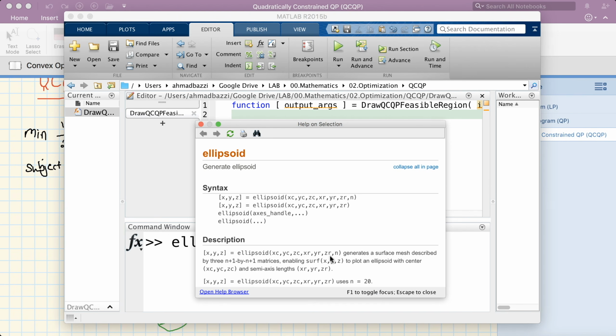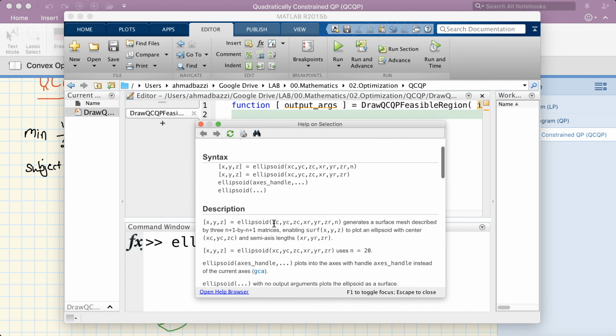All it does is take those parameters and generate a surface mesh described by three n plus 1 by n plus 1 matrices, enabling surf to plot an ellipsoid with centers xc, yc, zc, so this is the center of our ellipsoid, and semi-axes of length xr, yr, and zr, where n is the length of the mesh grid. Now, I'm going to use this function to generate multiple ellipsoids and plot them.